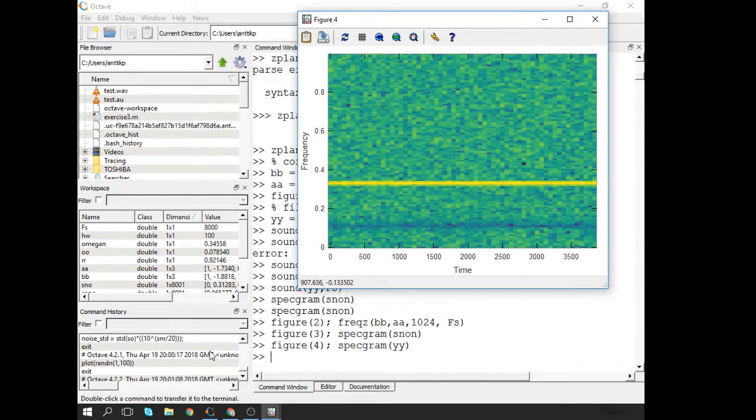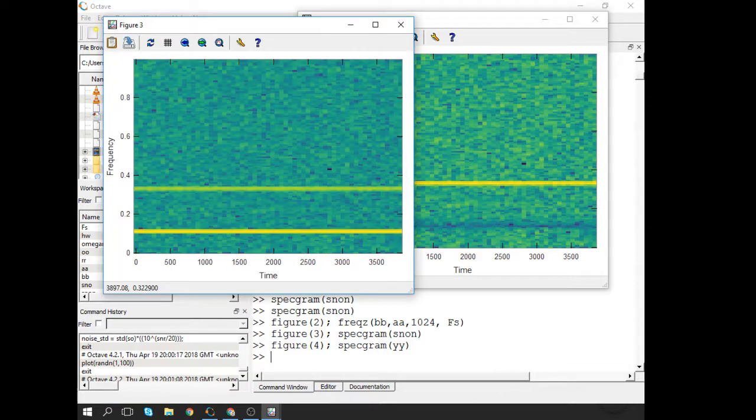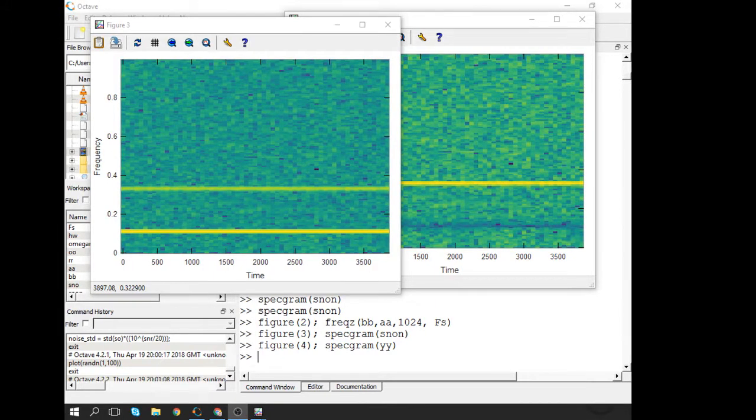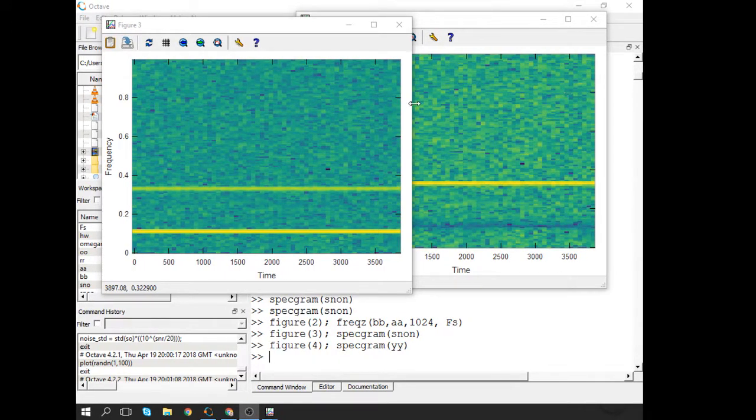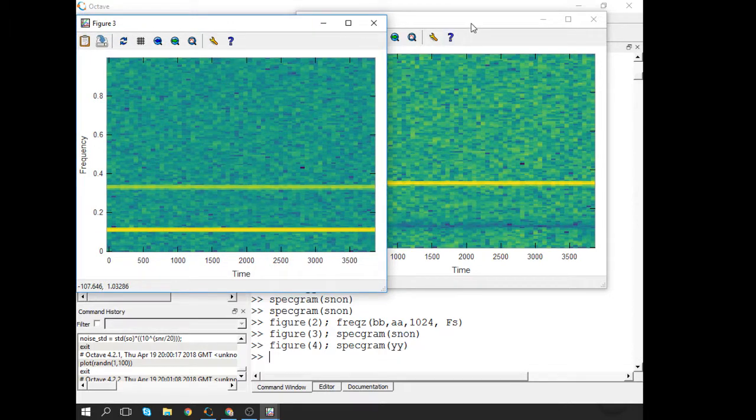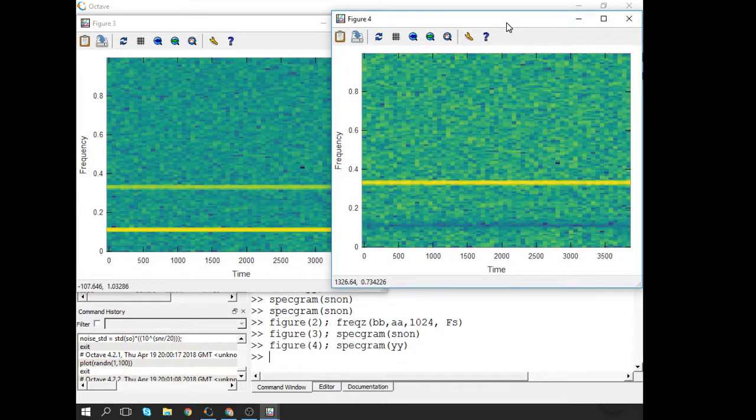There. So that's the difference. Quite efficient.